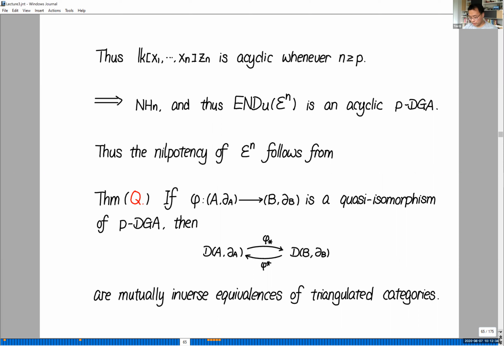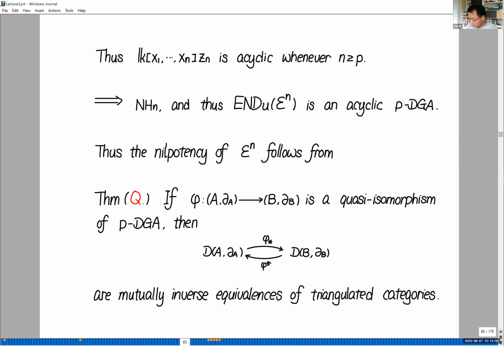Induction and restriction to the 0 category are mutually inverse equivalences of triangulated categories. This theorem is not very hard to prove, but it essentially uses what is in Bernstein and Lunts' book on how you prove the same theorem for differential graded algebras, and it adapts itself to the PDG setting as well, or the homological algebra setting. All right.